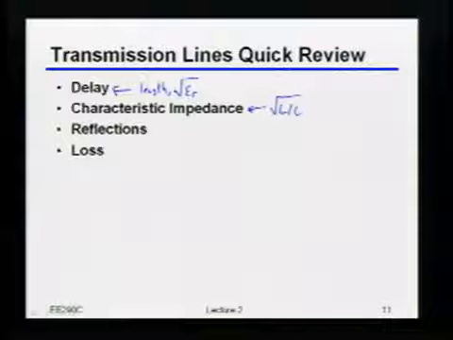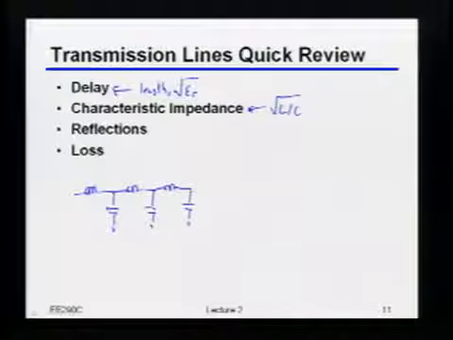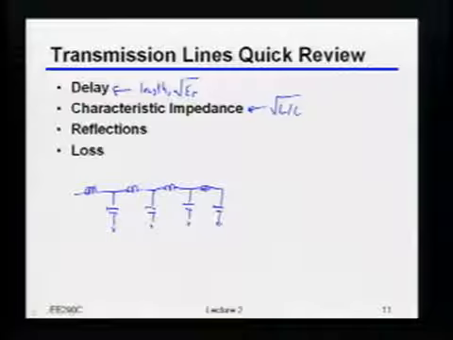By L and C, I mean, a nice way to model a transmission line is to say it's essentially sections of L's and C's cascaded like this, because that models energy being stored in the magnetic field, then transferred to the electric field, and back and forth.